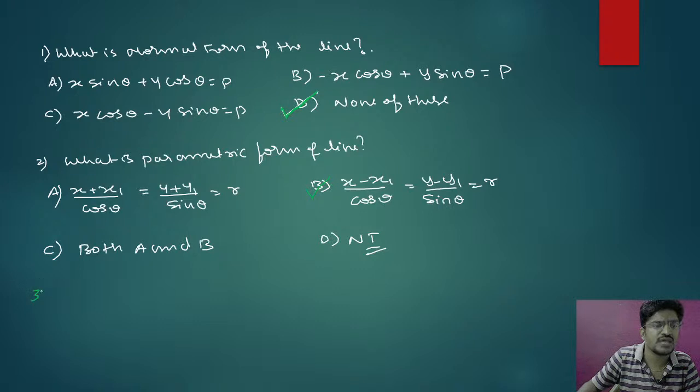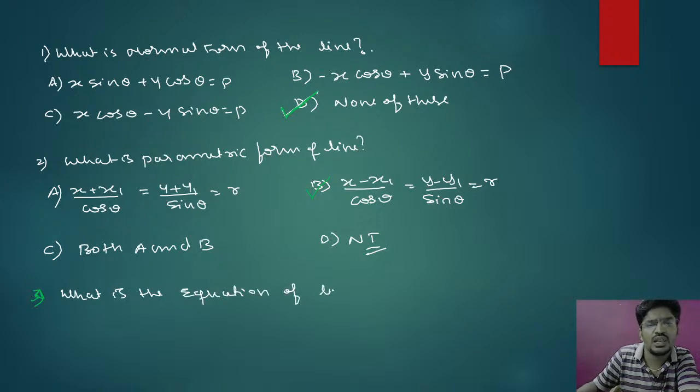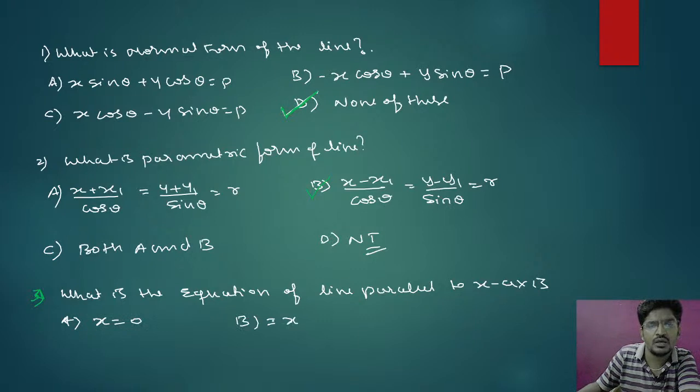Quickly see, in the same way I will ask the third question also. What is the equation of a line parallel to the x-axis? Option A, x equal to 0. Option B, x equal to A. Option C, y equal to 0.